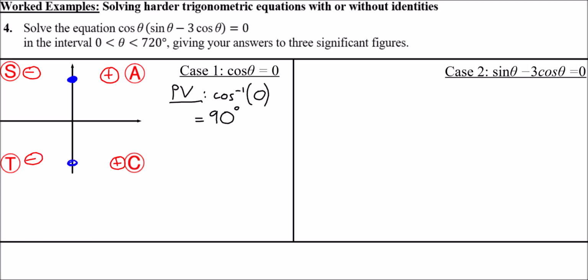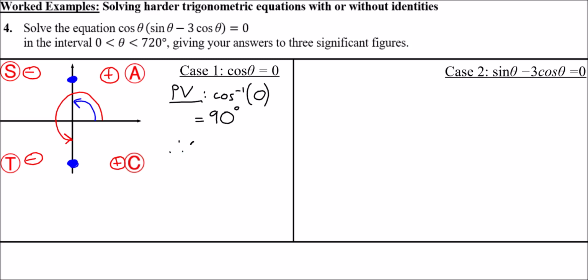This is a bit of a naughty question. It's very easy to think about only this option and not this one down here. But cos theta would equal 0 for this angle of theta, which is 90, but also this angle down here, which is 270.